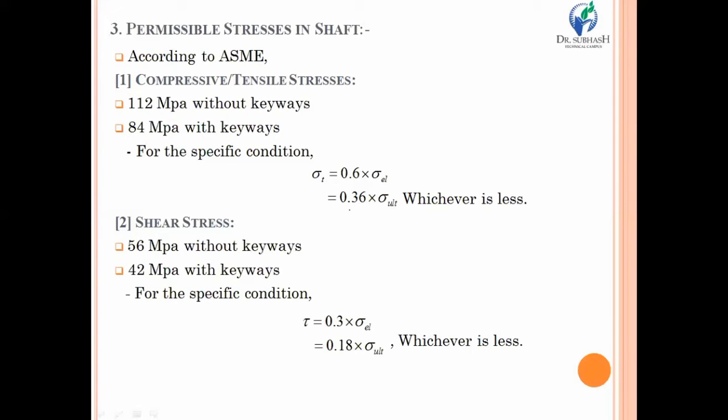Or you may also calculate 0.36 times the ultimate stress of that particular material. Out of those two calculations, you have to select the one with the lesser value. So this is about the compressive and tensile stresses that should be taken as permissible stresses in a shaft.